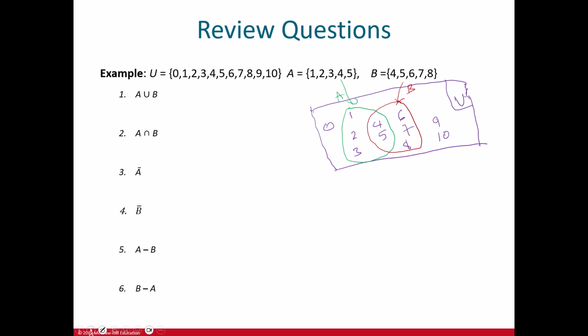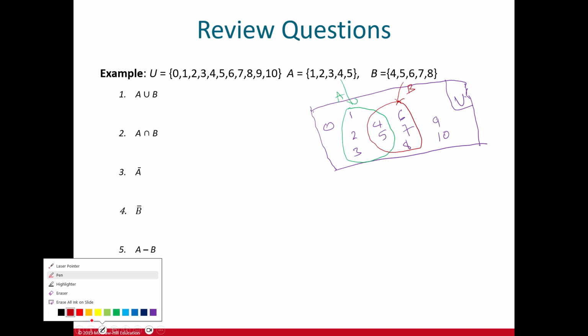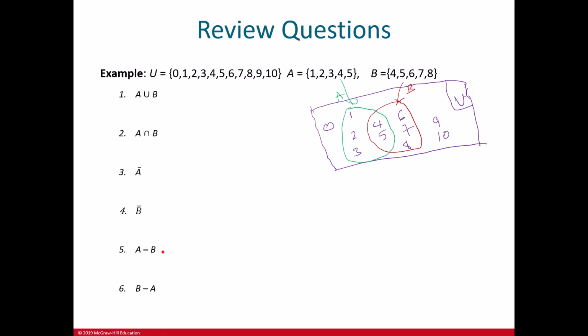Okay, so then we have some questions, and the first question asks, what is the union? From our understanding, the union is the new, bigger set that is composed of all elements of A and B. So what is that set? It's this set here, you can see it here.